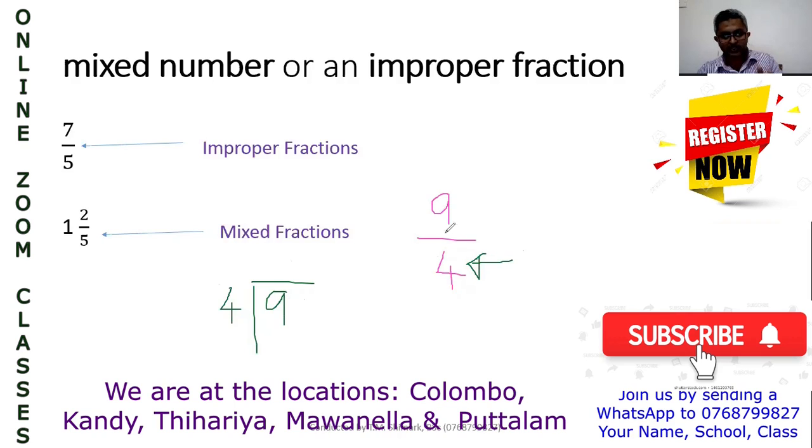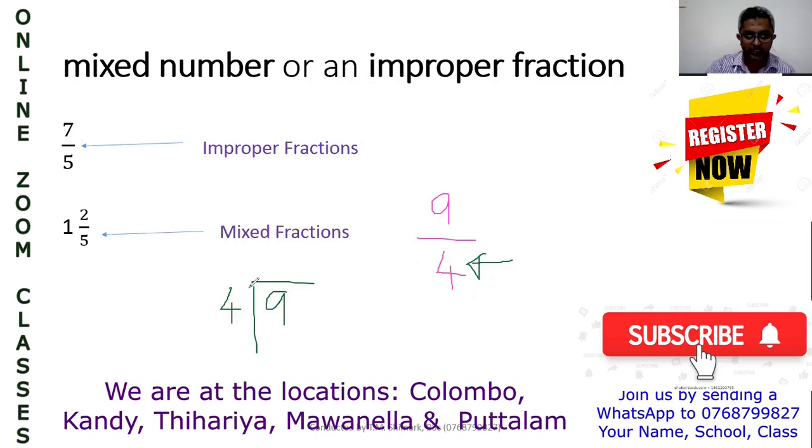This is the number that has to be divided, and this is the number that you will be using to divide. So that always comes outside. The denominator is outside here. And it's easy.